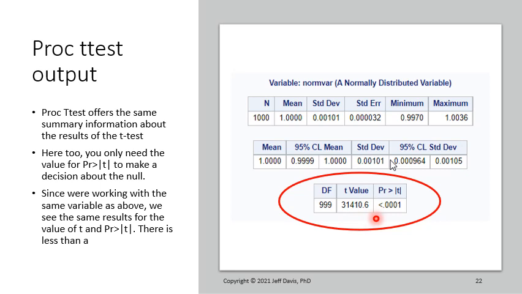We have this enormous t value, right? 31.410. Okay. All right. And then it also shows you degrees of freedom. So 999. So out of a sample of 1,000, we only use that one parameter, the mean, to run the hypothesis test.